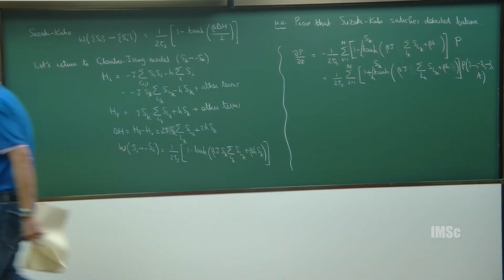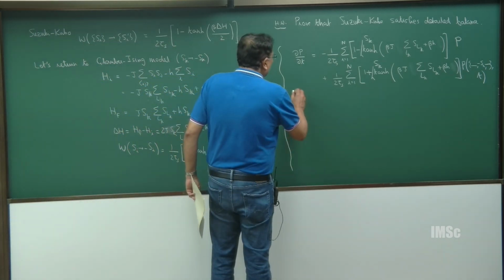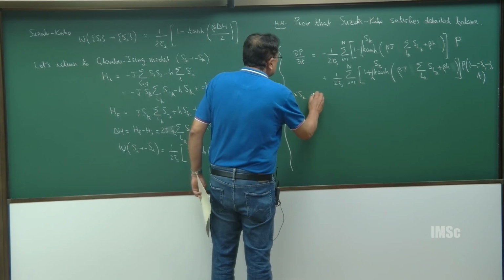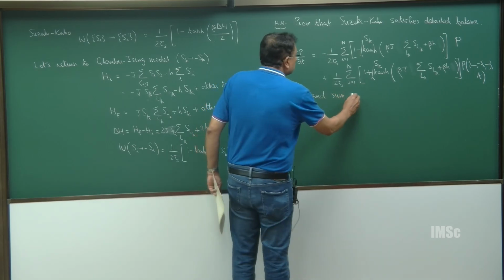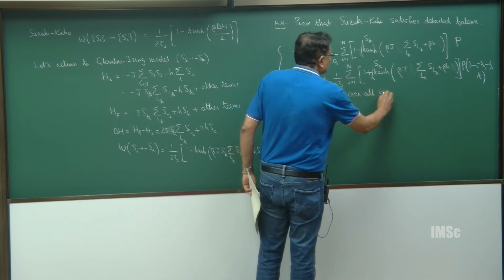I want an evolution equation for the magnetization. So my last step is to multiply both sides by S_k and sum over all configurations.